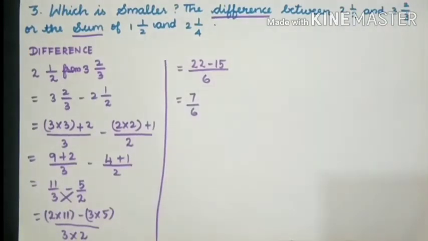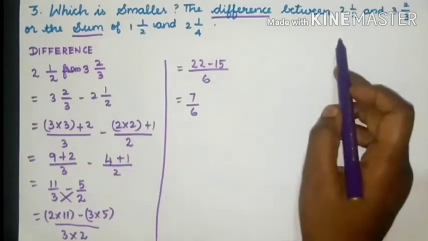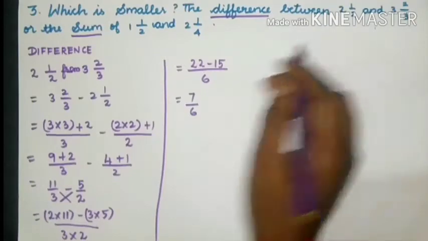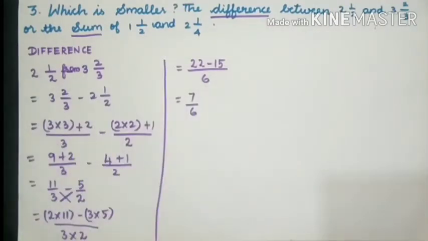So the difference between 2 1 by 2 and 3 2 by 3 is 7 by 6. Let's find the sum of these two fractions.